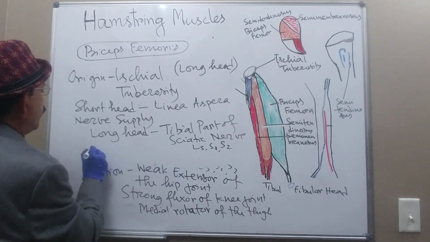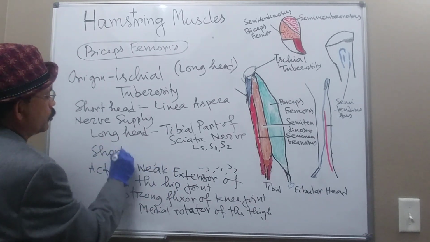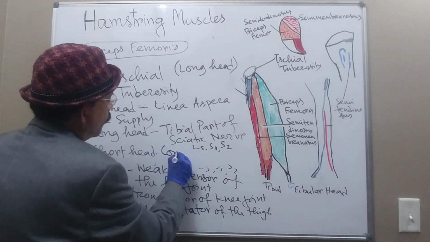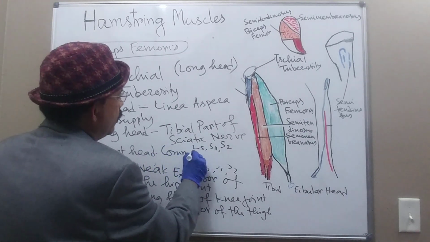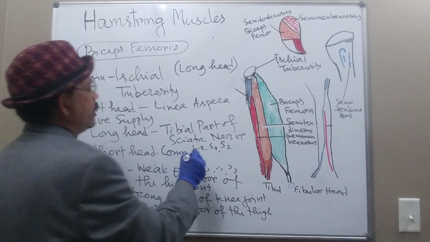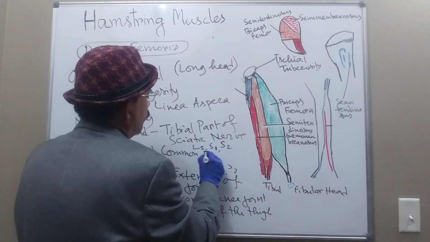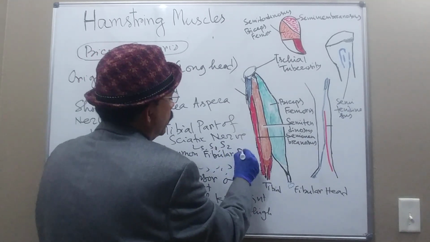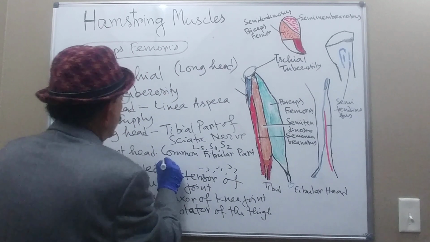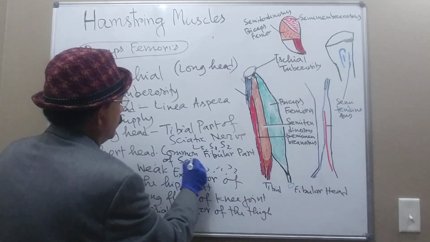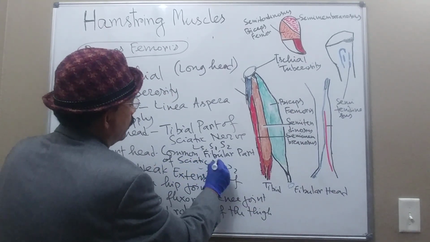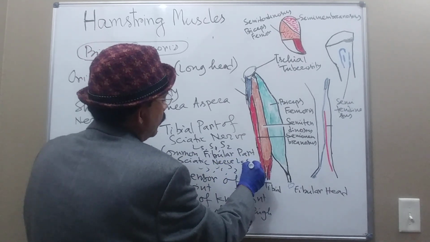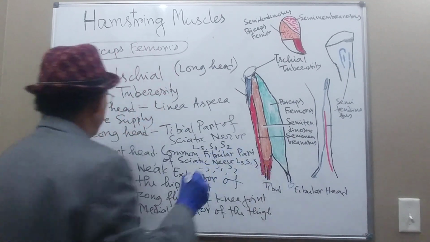How about the short head? What is the nerve supply of the short head? Short head nerve supply is the common fibular or common peroneal part of the sciatic nerve. Okay, root value same, L5, S1 and S2.